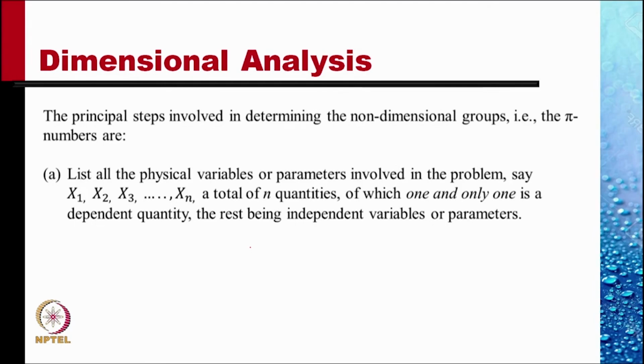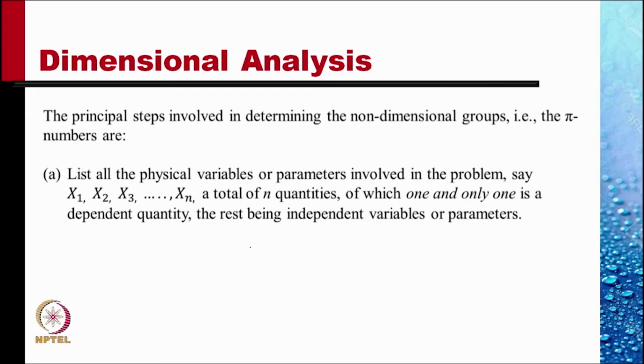We would give here a kind of a recipe for carrying out a dimensional analysis. The recipe is rather simple, but the results that are obtained need to be interpreted carefully.